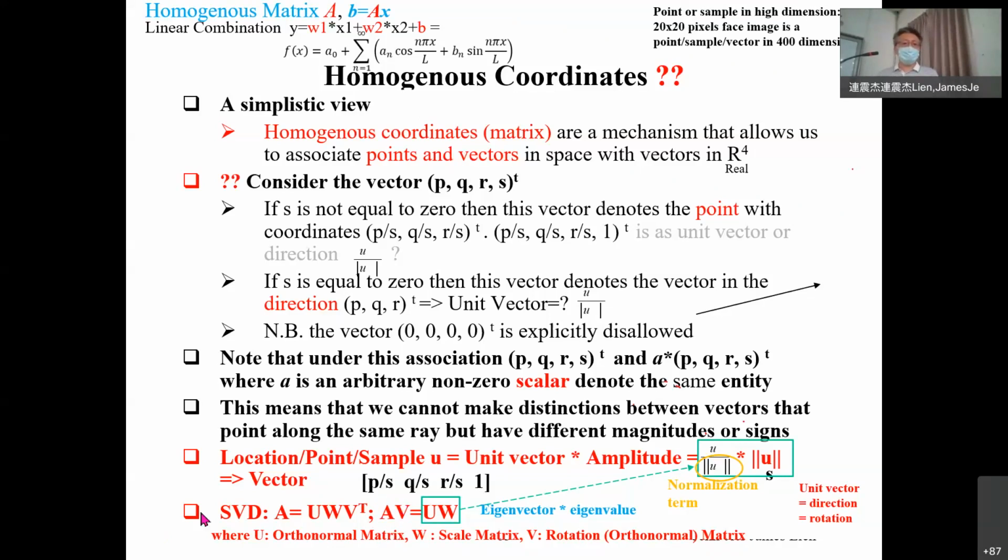For the SVD eigenspace, for each term you should subtract the mean value. 你要做那个 eigen 的时候，是不是每个值都要减掉它的平均值？So inside A, every element you should subtract with the mean value.